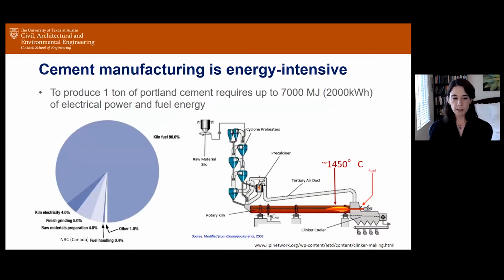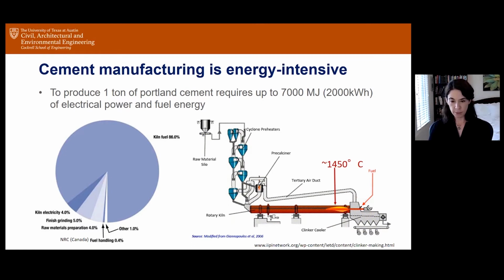Okay, so we know that the cement manufacturing process itself is extremely energy intensive. So to produce 1 ton of this Portland cement, we need 7,000 megajoules of electrical power and fuel energy. And as you can see on the left, a lot of this is what we use for kiln fuel. So 86% of the energy that we're putting in to produce a ton of Portland cement is going into kiln fuel.